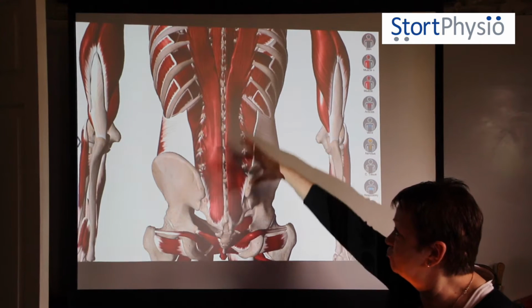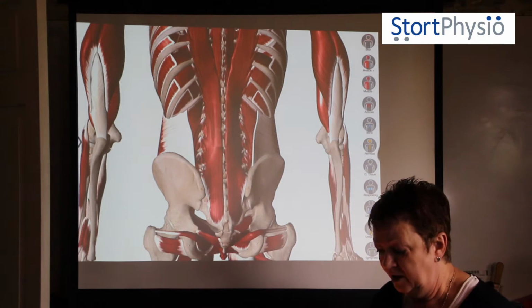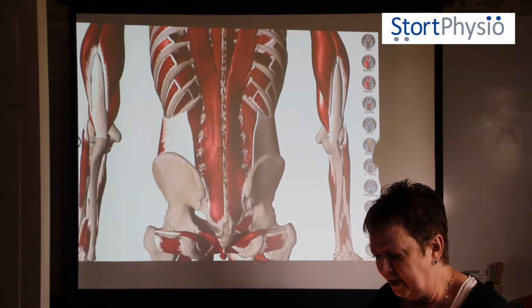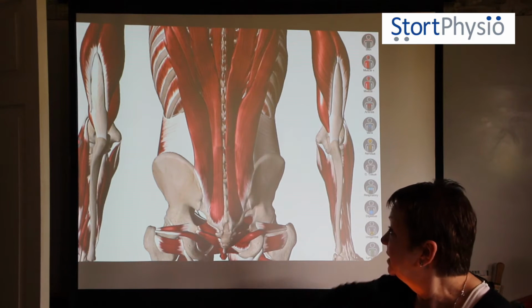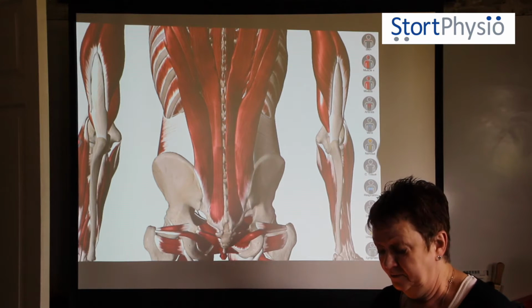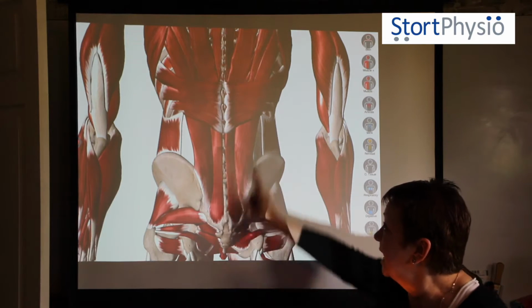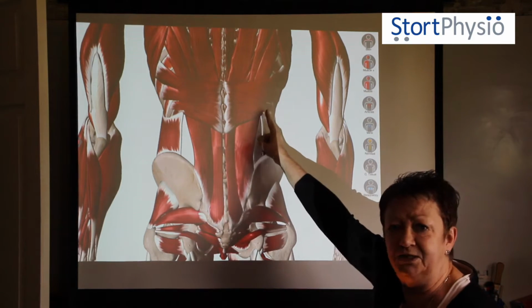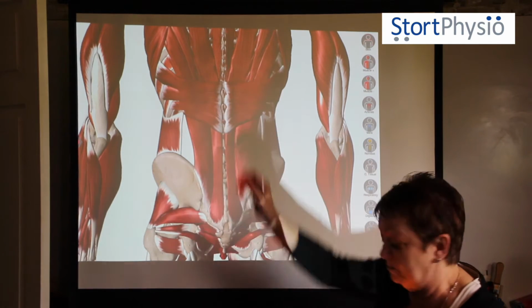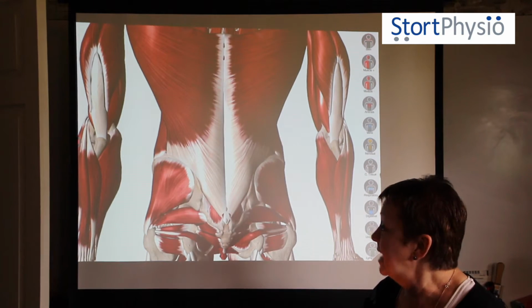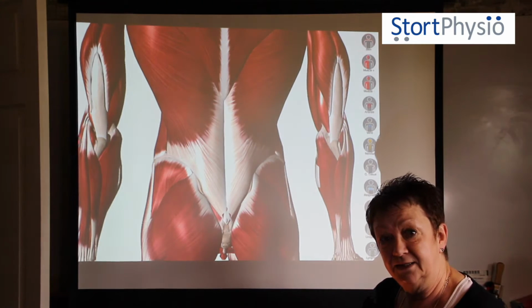There's another layer of great big muscles in here that are designed to keep you upright and stop you falling over. They work against gravity. So there's another layer, and yet another layer, and you can see how they're great big straps, from those very tiny ones that we saw first, right the way up to this, to that, and to that.